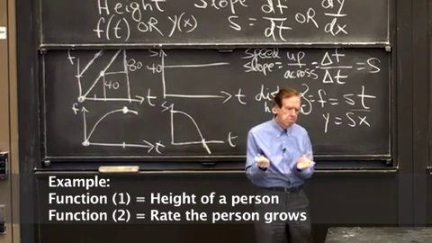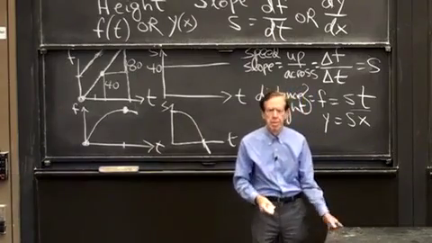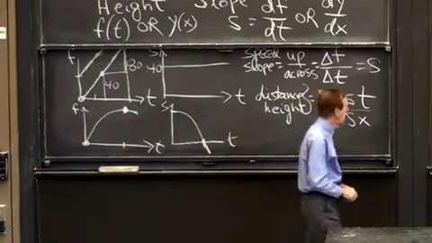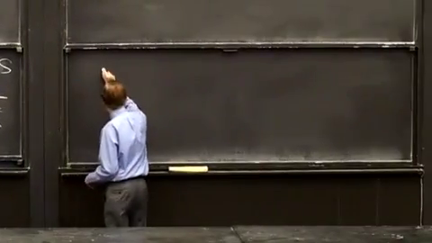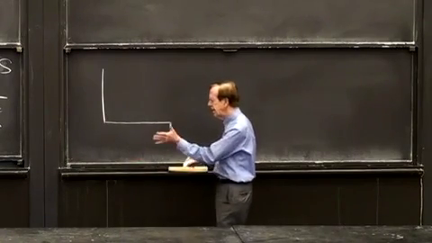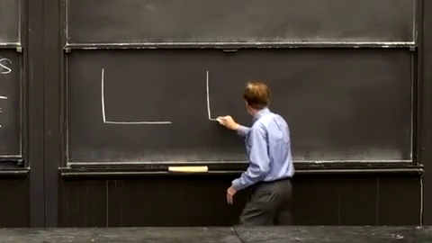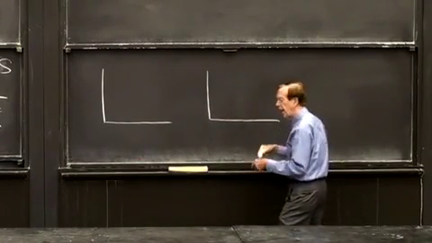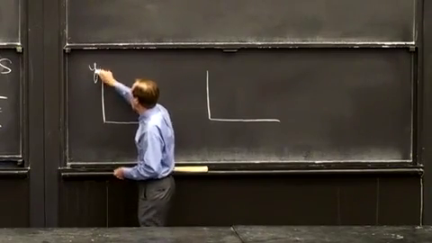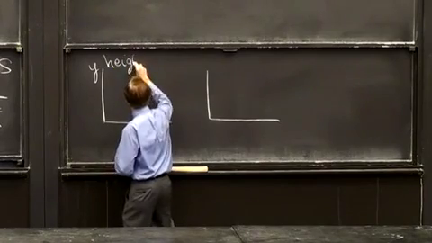What could I take? Maybe height of a person. Okay, so this is now another example, just to get practice in the relation between the height of a person and the rate of change of the height. So this is the height. Maybe I'll call it y, but let me write height of a person.